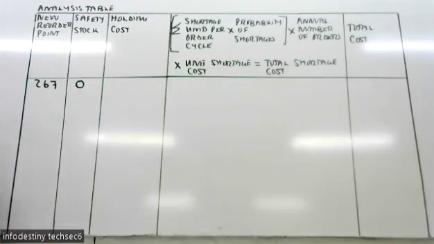How do you come to the conclusion that this is the current reorder point? I understand that 267 is the EOQ, right? No, EOQ is 2000.